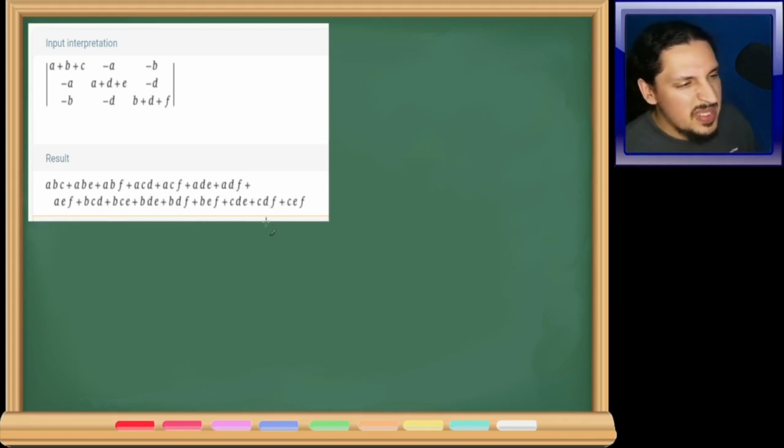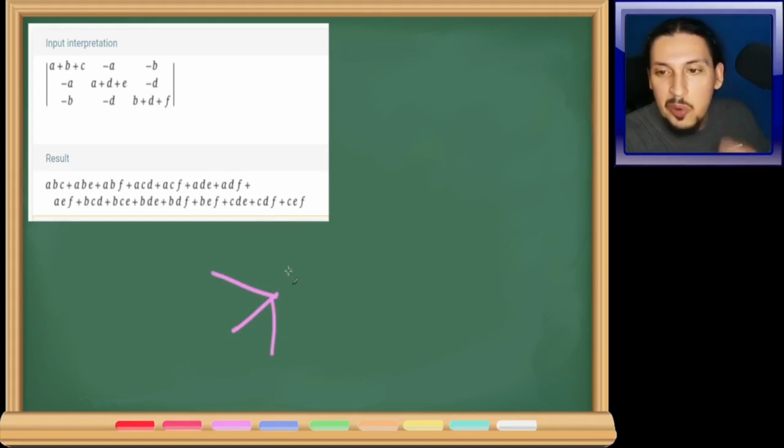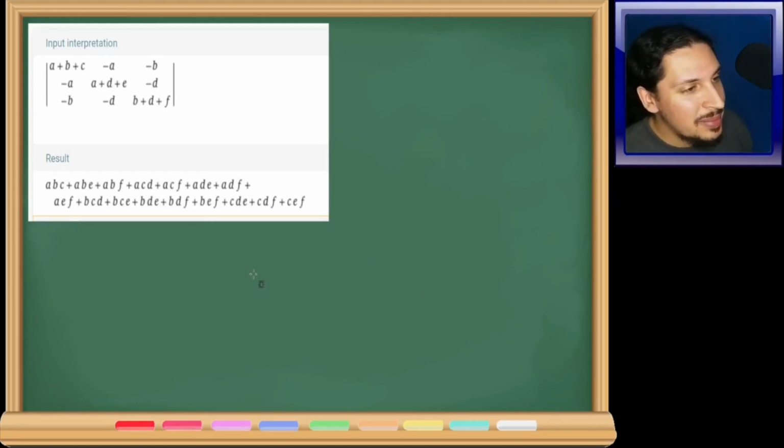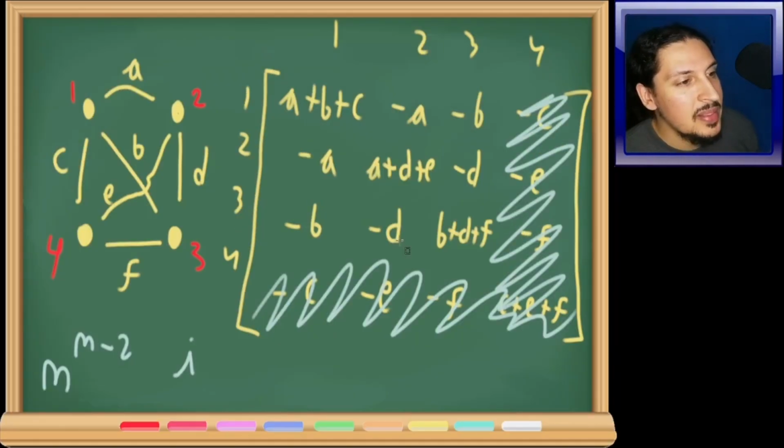And also, if for some reason you need to compute the sum of the weighted spanning trees, where each edge has a weight, the weight of a spanning tree is the product of the weights, and you want the sum over all the spanning trees of the weight of the spanning tree. Well, this is exactly this determinant. The case of 0, 1 just counts them, but if you put weights, you can compute that. I don't know why you would like that, but basically this is the determinant, which is awesome.